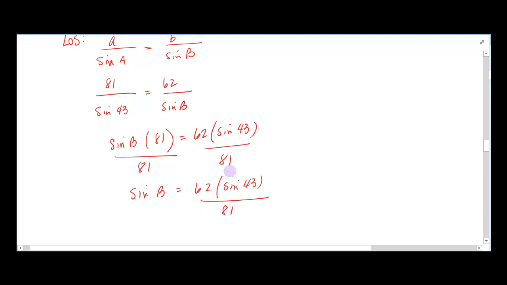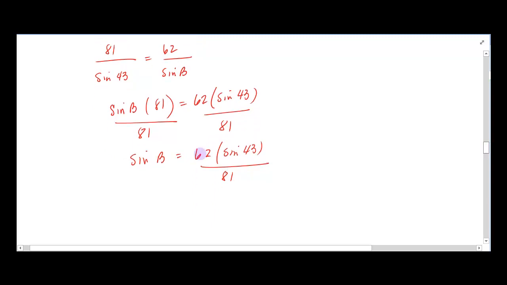Now I can do all of this right here in my calculator, and when I do this multiplication, I find out that sine B is equal to 0.5220. In order to solve for this angle B, I now have to take the inverse sine, because remember that's how we do that on our calculators.